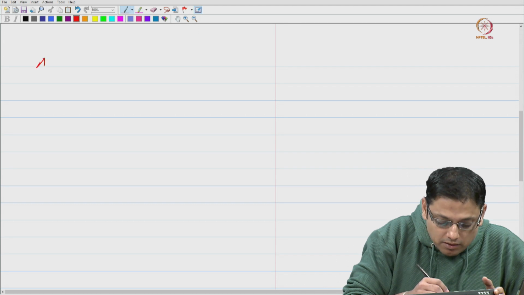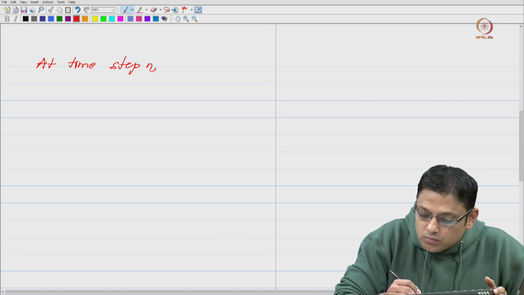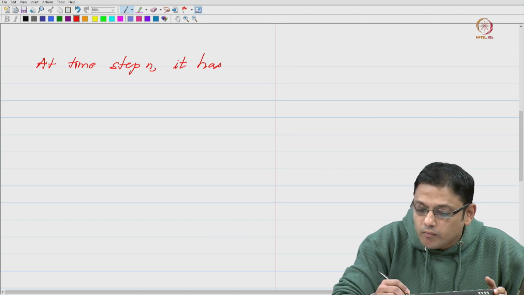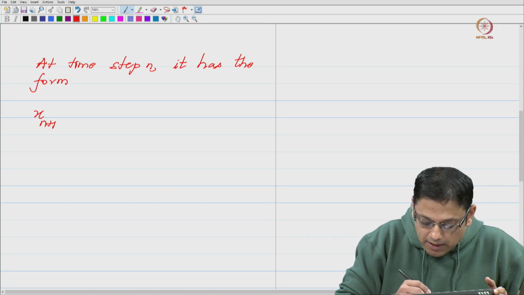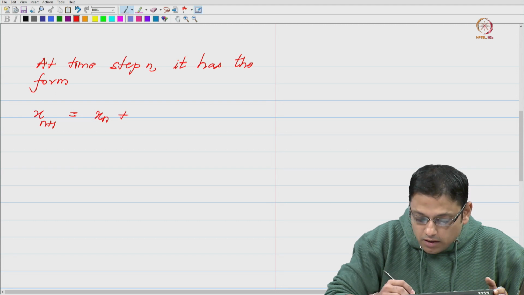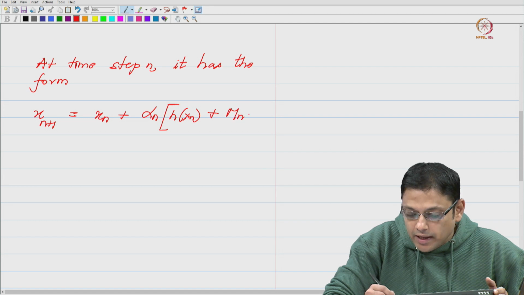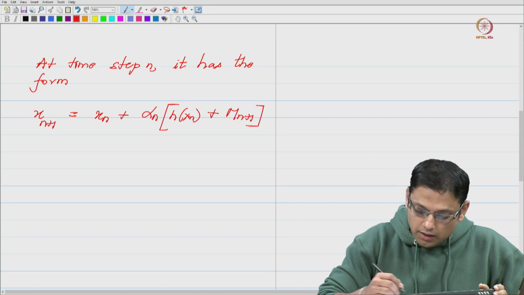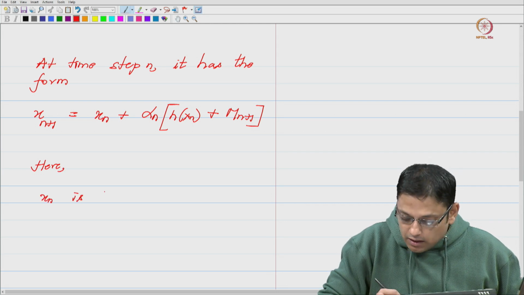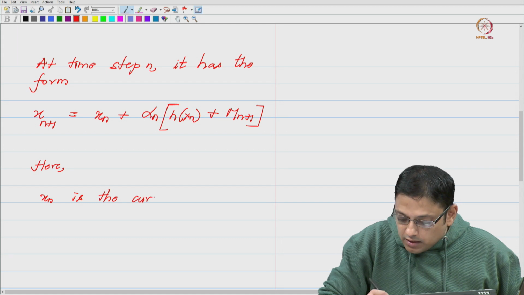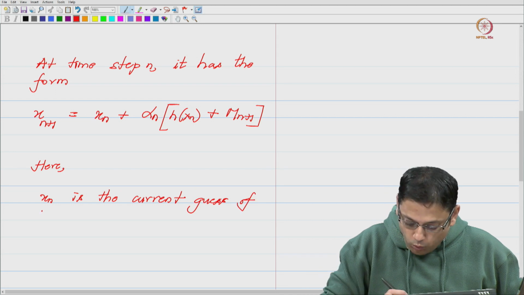At time step n, it has the form x_{n+1} = x_n + alpha_n (h(x_n) + M_{n+1}). Here x_n is the current guess of the quantity of interest.